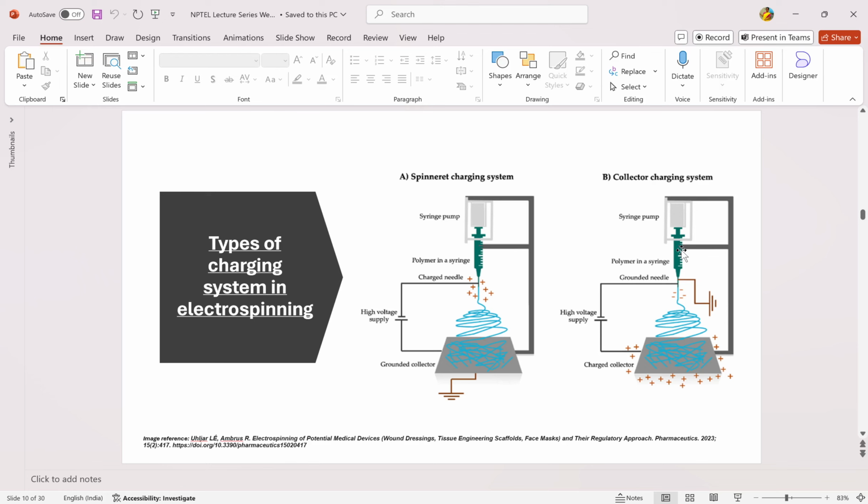Another is a collector charging system, where you can see that your needle is grounded. You're applying a high voltage between your spinneret and the collector. Your collector is charged, but with a charge opposite to the polymer solution charge. Then only your polymer solution will come down to the collector. Understood? Different kinds of charging system that could be there in electrospinning.